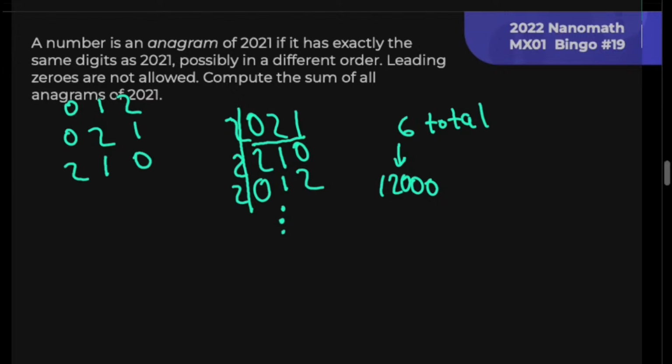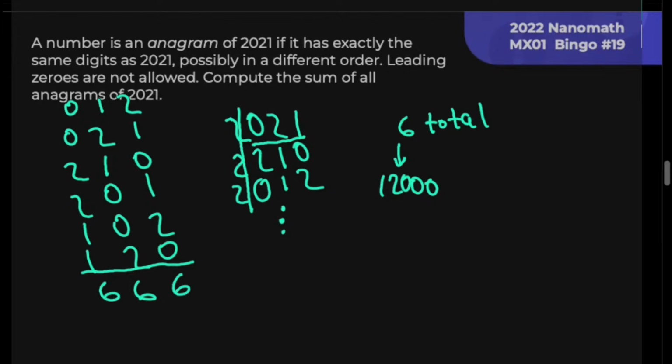Each total sum in each of the digit columns would be 6. Let me try to be more organized. So 0, 1, 2, 0, 2, 1, 2, 1, 0, 2, 0, 1, 1, 0, 2, 1, 2, 0. There we go. So as we can see, each of the sums is 6.